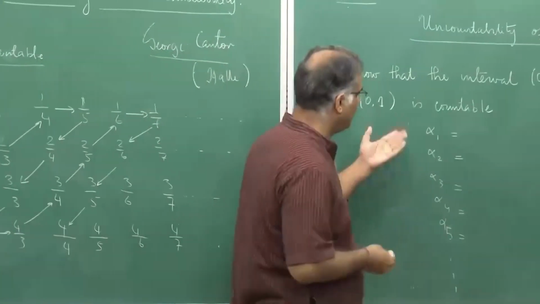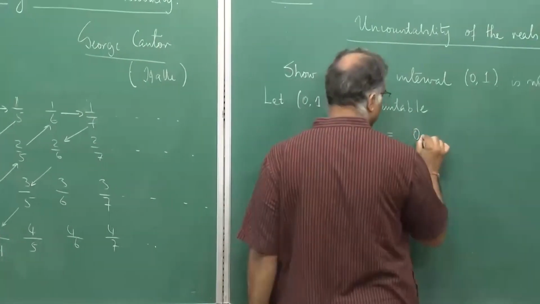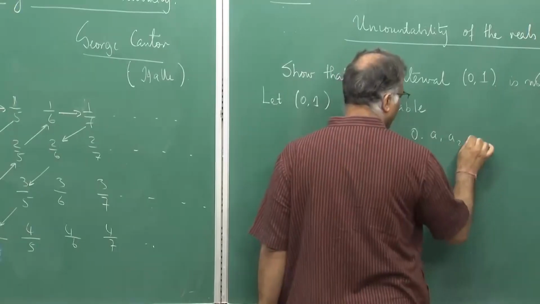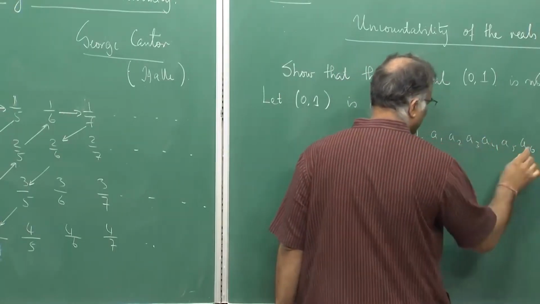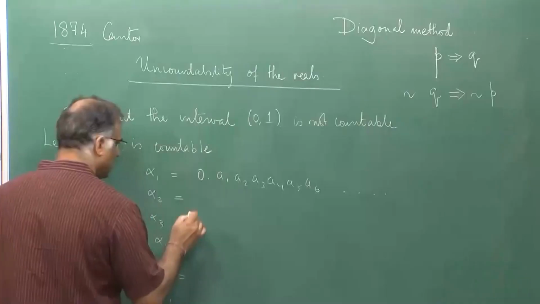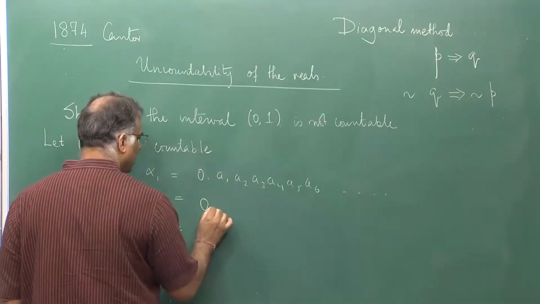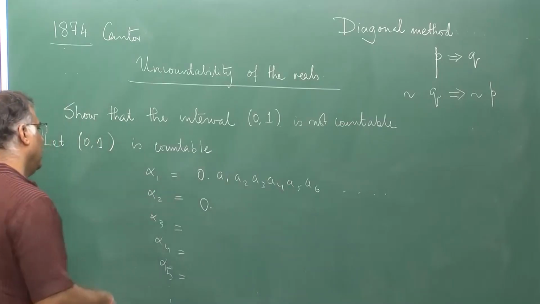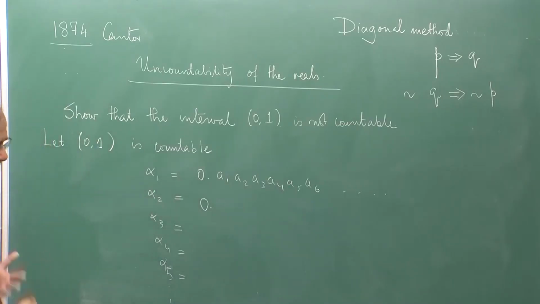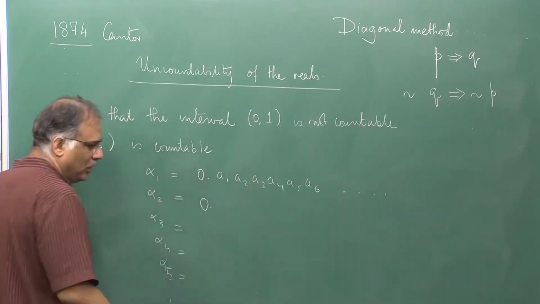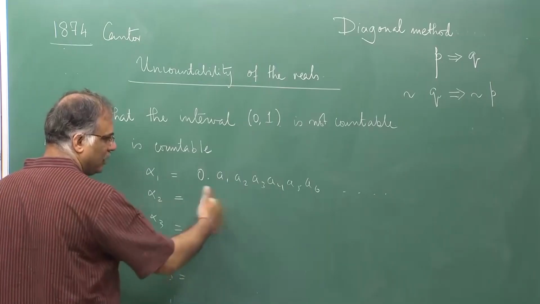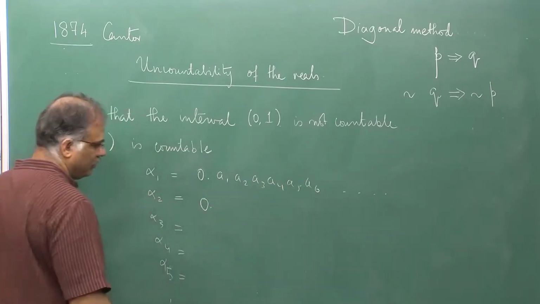So here I can start with this decimal expansion, 0 point A1, A2, A3, A4, A5, A6. So these are numbers basically. And you know that decimal expansion can be either infinite, and if they are infinite, they are periodical, or they are terminating basically.